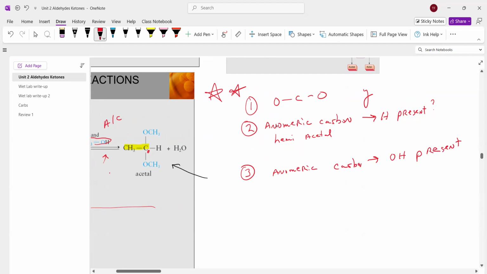Okay. On the anomeric carbon again, is OH present? If OH is present, you have a hemi something. Let's be more specific. So you have a hemiacetal or hemiketal.